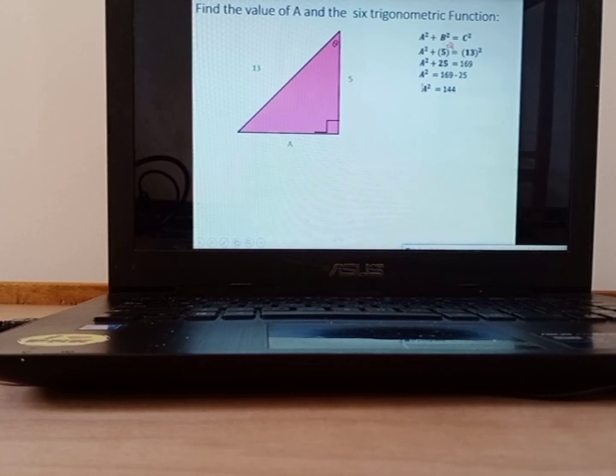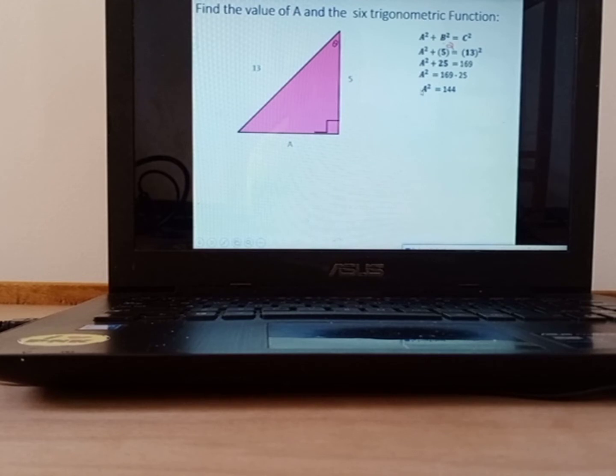So our goal, class, is to get the value of A. Our next goal is to think of a strategy: how can we cancel the square? As you all remember from your algebra class, we have to get the square root of A squared.